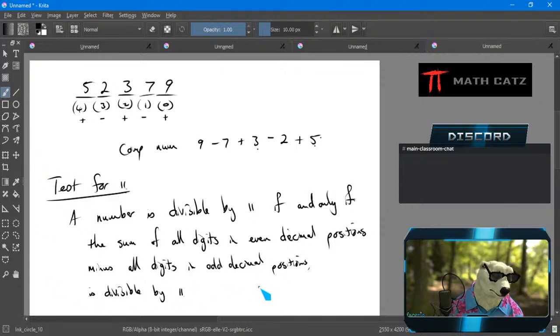It's not the only way, but it's a way that will be effective. You just have to remember. So when I actually do the test, I just remember start with the ones digit, work my way left, and start with a plus. So I have the ones digit, and then I start minusing, like this.